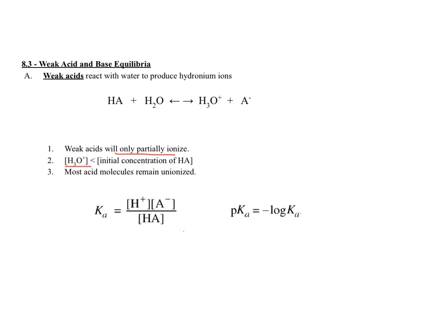So this equation right here, this is kind of the general format for the ionization of a weak acid. So when it reacts with water, you'll get hydronium ion, and you'll get A minus, which just represents the anion that is attached to your hydrogen ion.